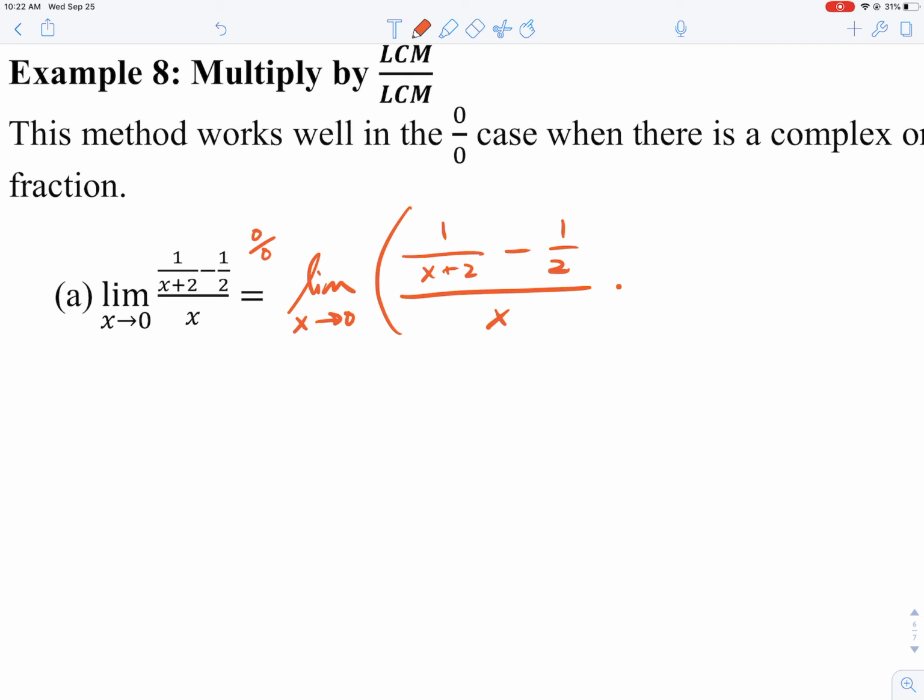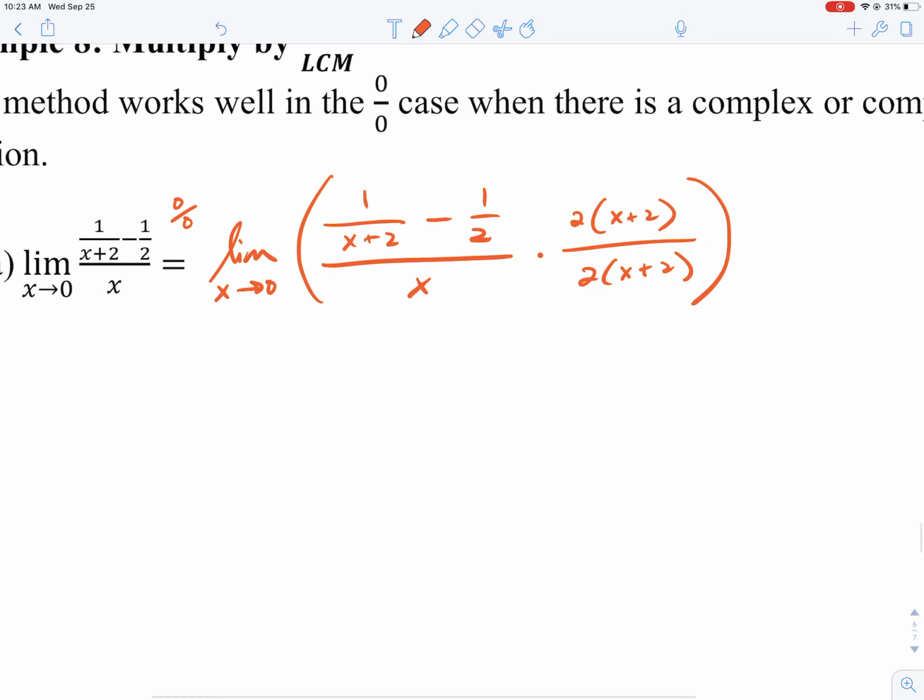Okay, so the least common multiple of x plus 2 and 2 will be 2 times x plus 2, or 2 times the quantity x plus 2, I should say, over itself. Remember, division bar is a grouping symbol.